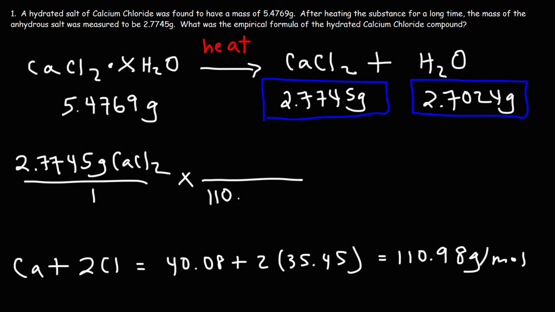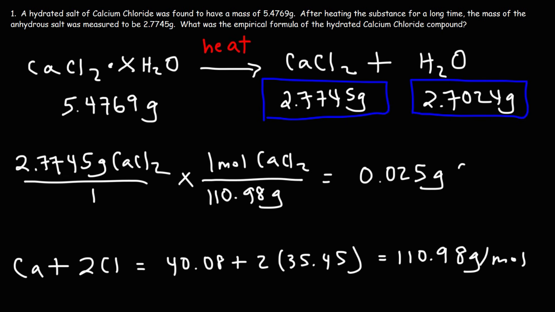So we're going to put the number of grams on the bottom and 1 mole of calcium chloride on top. So 2.7745 divided by 110.98 gives us 0.025 moles of calcium chloride.